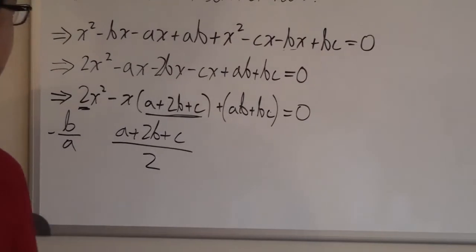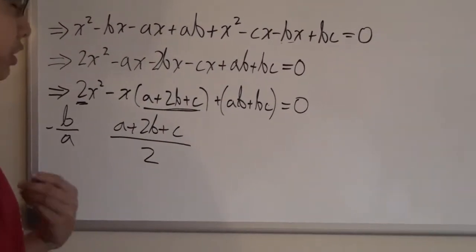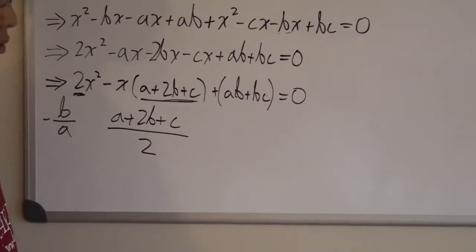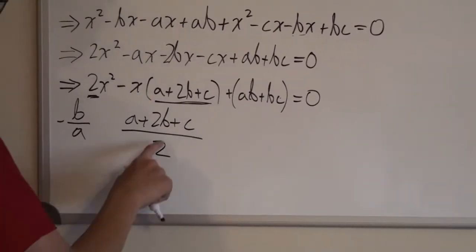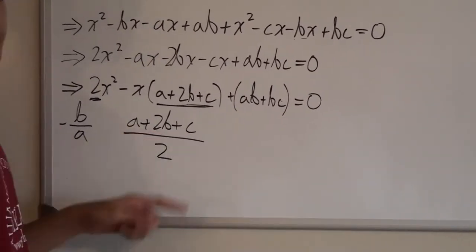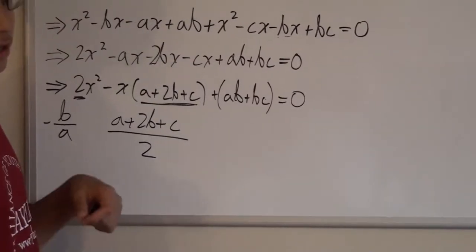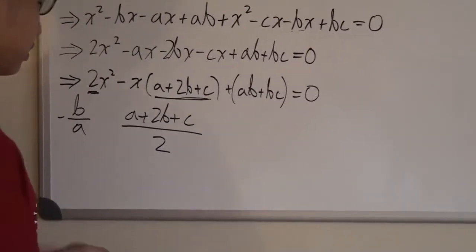Okay, now we can see that in order to get the maximum value of the sum of the roots, we need to have b as the highest number, as b is the one that's getting multiplied by 2, right? So we would first assign b 9, as it is the highest number we can get.